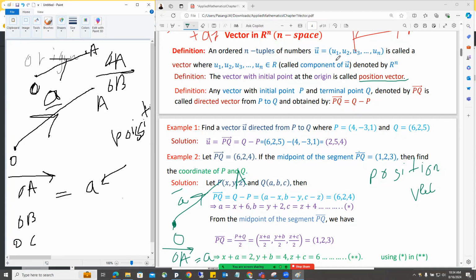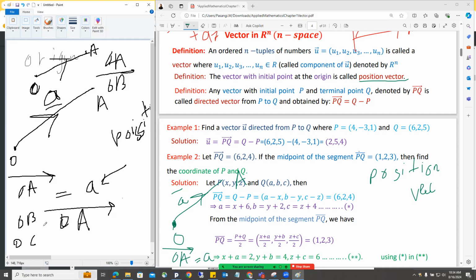Then any vector with initial point P and terminal point Q. Here, for a vector, the starting point O, what do we call it? We have given it a special name.